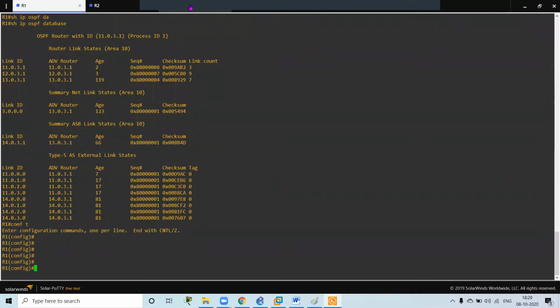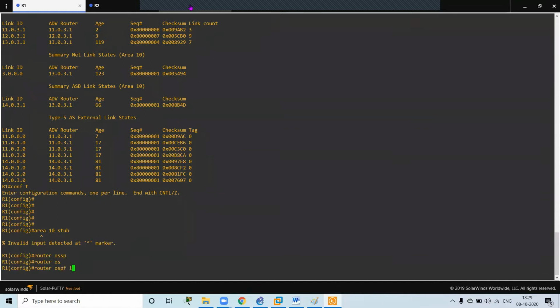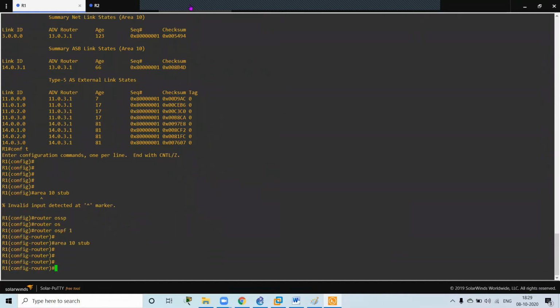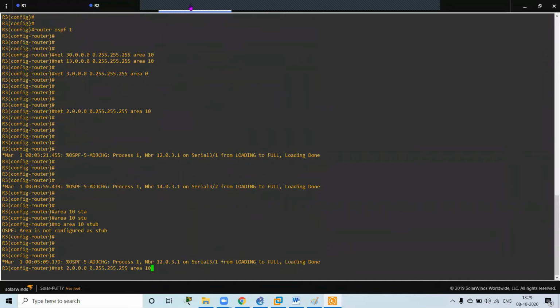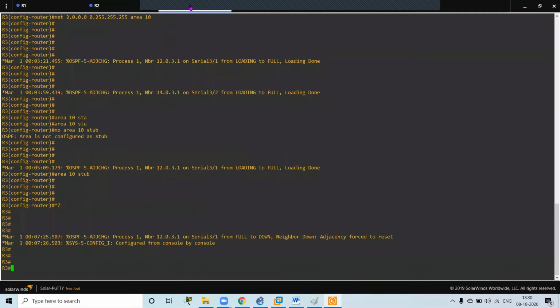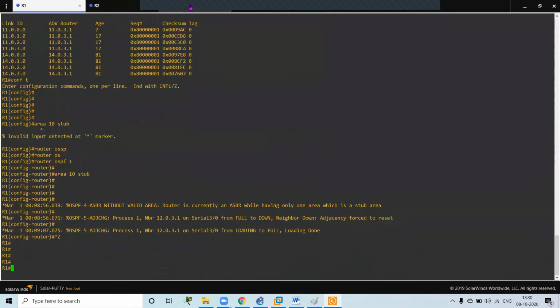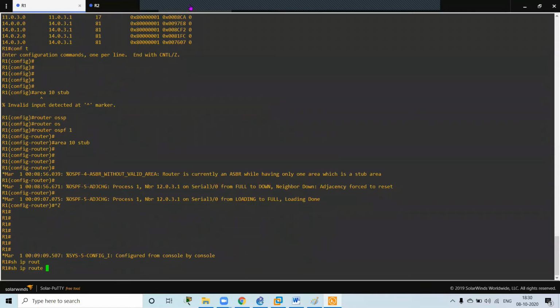So should I configure the stub? Yeah, sure. Router OSPF 1, area 10 stub. I've made area 10 a stub area. Sorry, one more question. When you make it a stub area, does that mean it's not advertising out?